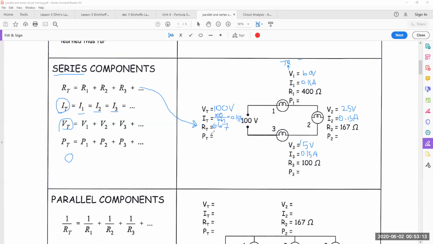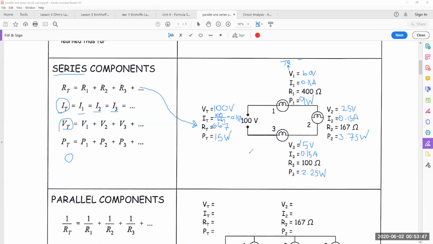So now I'm going to do power. Power is voltage times current. So the first one is going to be 15 watts. Next one, multiply V times I, 2.25 watts. P2 is going to be 3.75 watts. And P1 is going to be 9 watts.